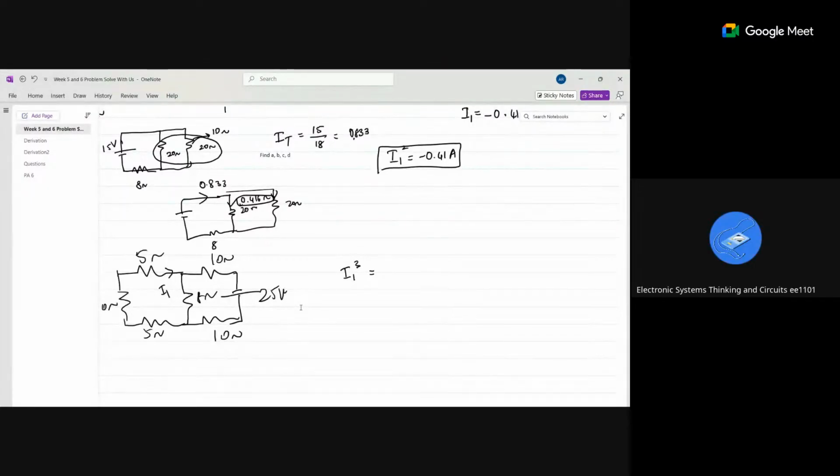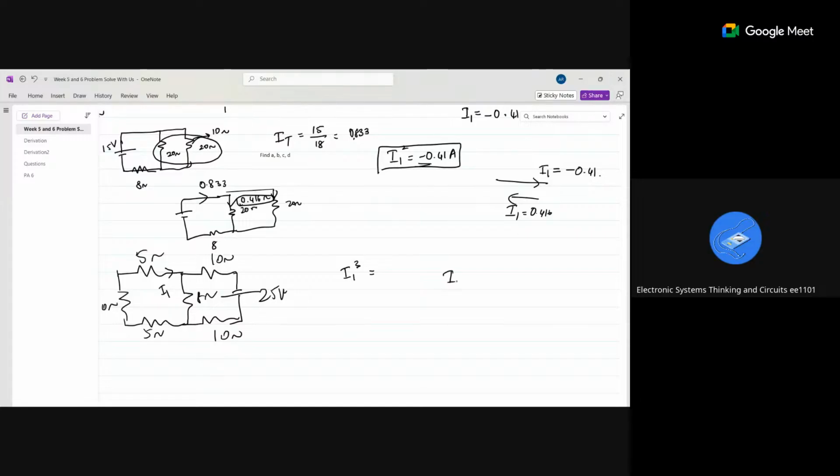See, in the second case, my answer is negative, right? So what does this negative signify? That relative to the given direction of I1, the current which I found is in the opposite direction. Here I found it is in this direction, my I1 is equal to 0.416. In order to make the direction similar, I made it 0.41.